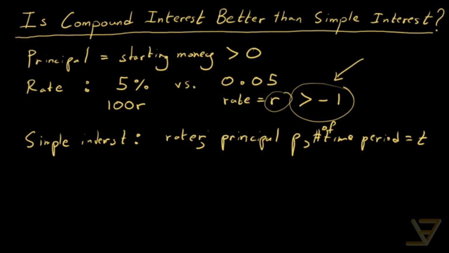If these are the variables, R, P, and T, then what you do is that you start with your principal and you add the principal times the rate, and again you add the principal times the rate, and you do that T times.